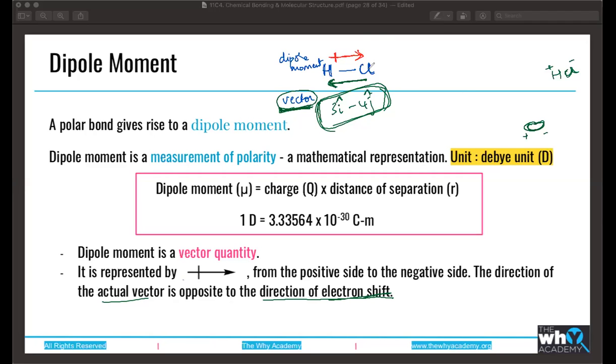Similar logic. So the direction of the vector that you'll consider in your actual calculations, when you're using this in your research or whichever it is, the direction of the dipole moment vector is opposite to the direction in which the electrons are shifting. Okay.